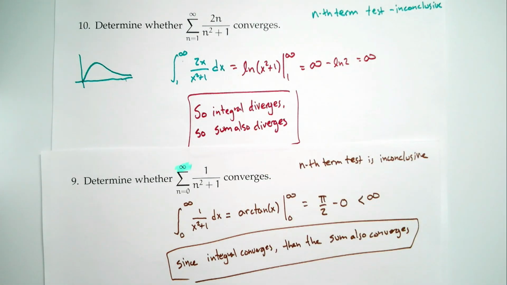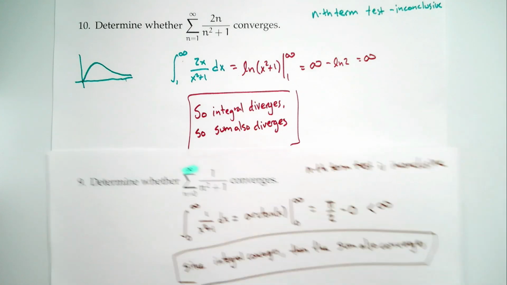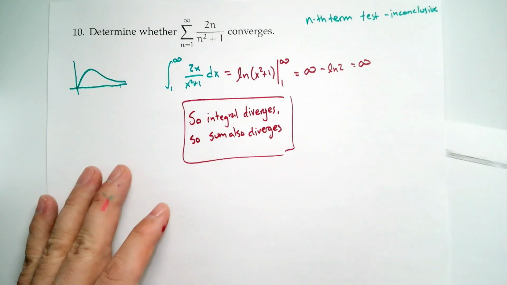And so you've got to be really careful. A lot of people think the nth term test is very powerful. It's actually very weak. Not surprising, because it's a very simple test. Usually the simpler the test, the weaker it is. But anyways, that's the problems for this quiz. And we still have a couple more quizzes to go. And so, lots of fun problems still to come.